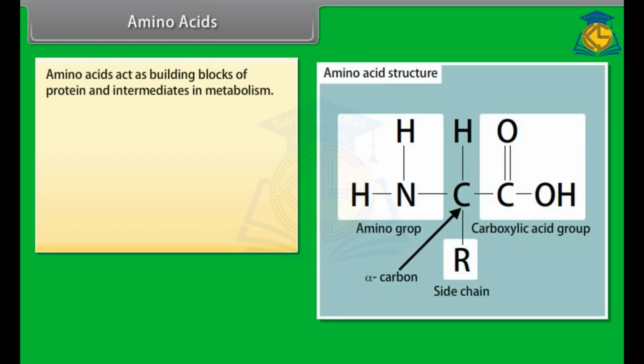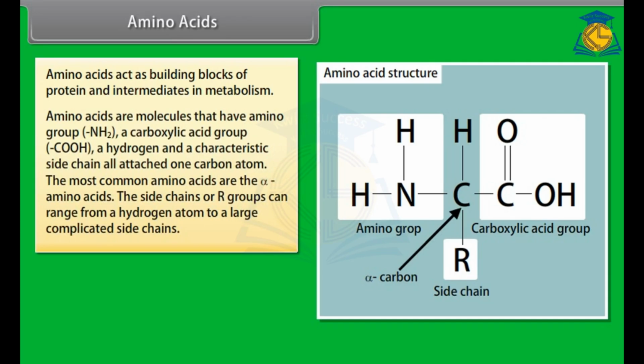Amino acids. Amino acids act as building blocks of protein and intermediates in metabolism. Amino acids are molecules that have an amino group, a carboxylic acid group, a hydrogen, and a characteristic side chain all attached to one carbon atom.